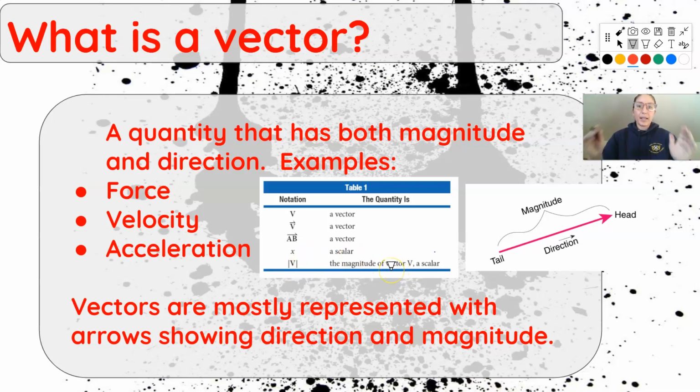That's how we say, hey, what we're talking about is the magnitude of this vector, not necessarily the vector itself, right? Because the vector itself has 2 components, direction and magnitude. But if we want to separate it and we want to just talk about the magnitude, then we use the vector with the vertical bars, okay?